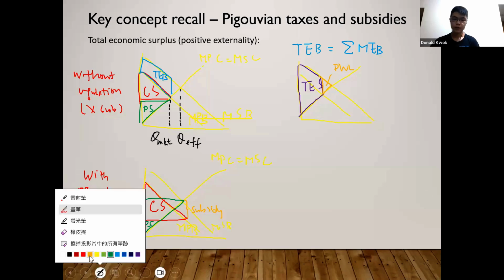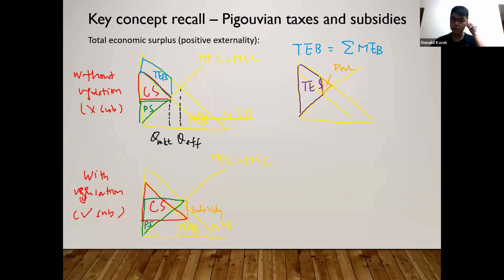Remember, we also need to take into account the gain of the government. So the subsidy expenditure of the government would be the per unit subsidy of this amount multiplied by the efficient quantity. So this orange rectangle will be the subsidy expenditure of the government.